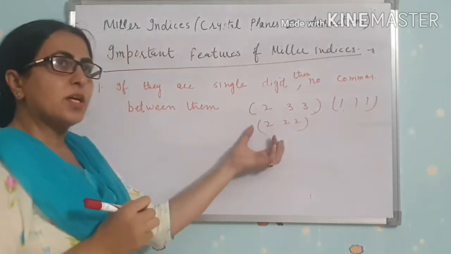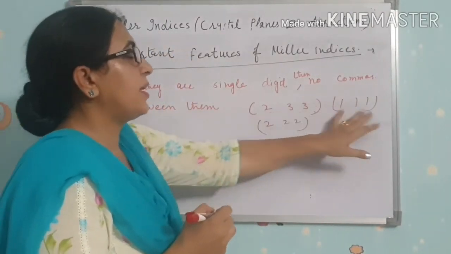They are of single digits, so there is no comma between them.